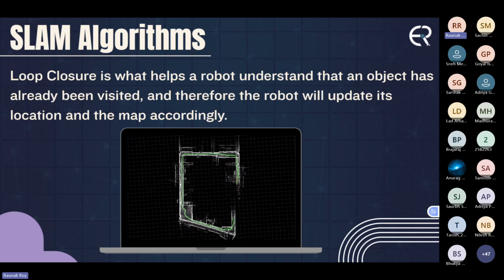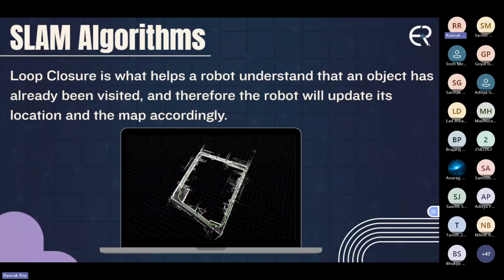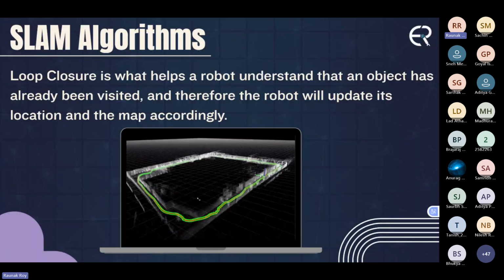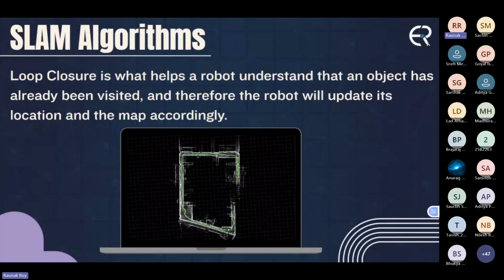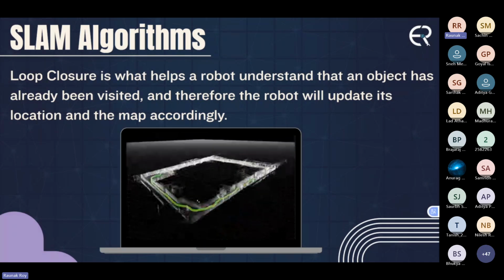So if it were to travel in a large circle, its internal tracking could suggest that it did not reach its starting position. So loop closure algorithms confirm the current sensor data, match it with historical data, after which they recalculate the entire trajectory in order to make it a single closed loop.